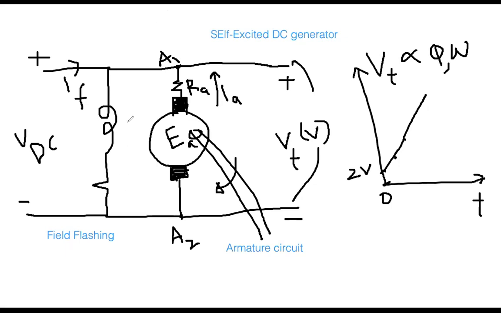Its field circuit is not magnetized. In that situation, you disconnect it for a moment and connect with a separate source. Just excite the field. That phenomenon is called field flushing.